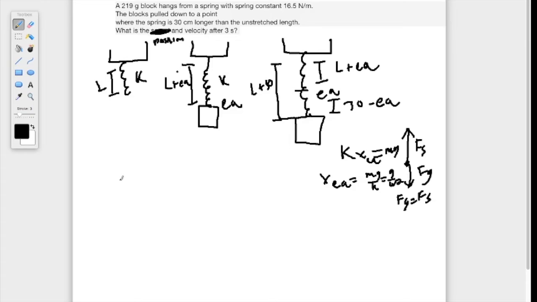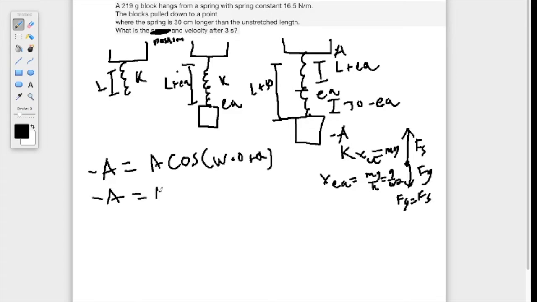So the amplitude, this is negative A, and this would be positive A if you were to go up. So negative A equals A cosine of w times 0 plus phi. You get negative A equals A cosine phi. So this is the amplitude, but it's below the equilibrium position, so it's negative. So when you take the arc cosine, you get phi equals pi.